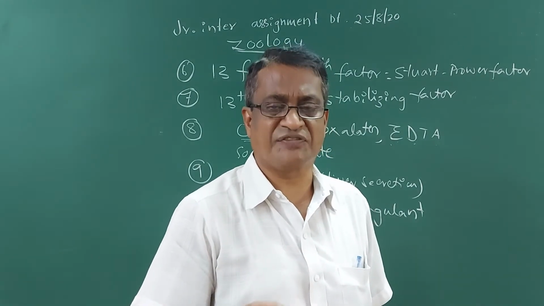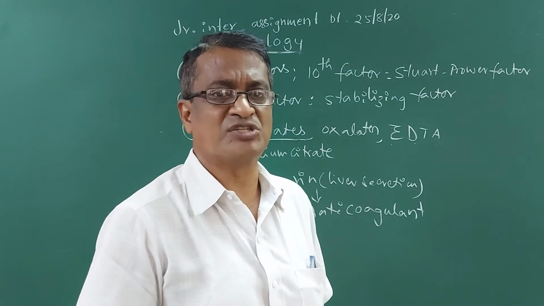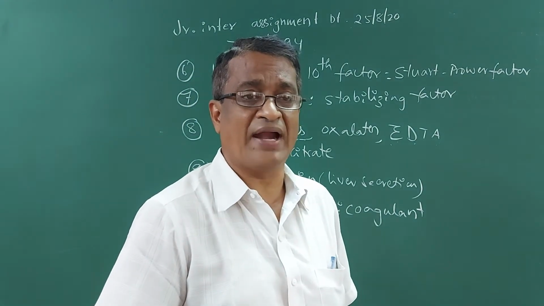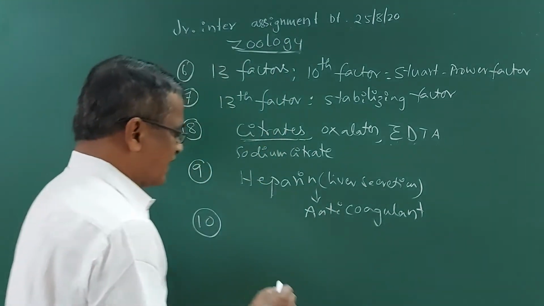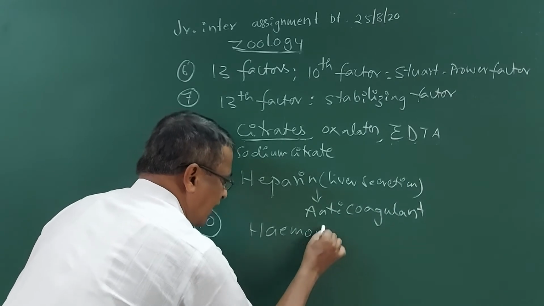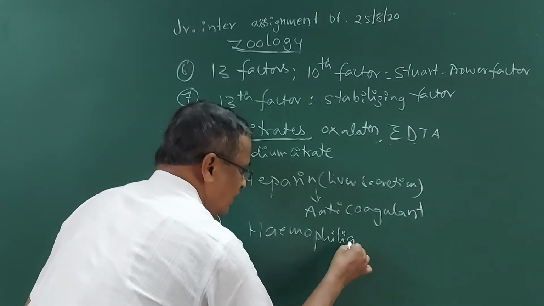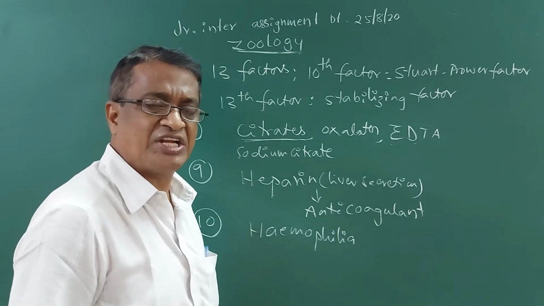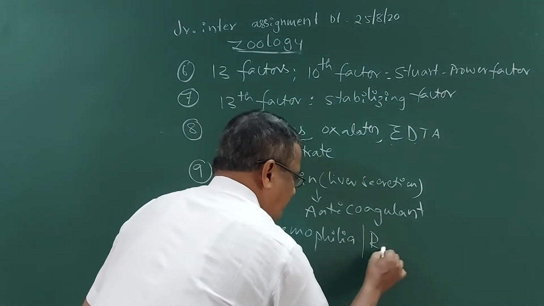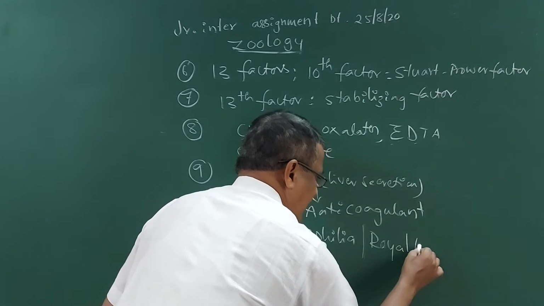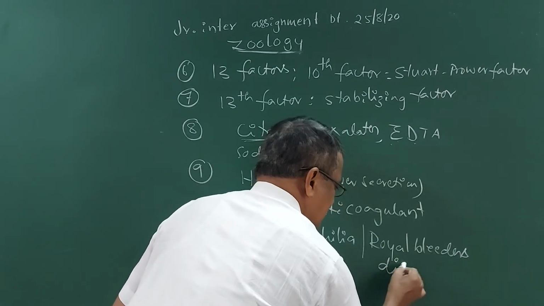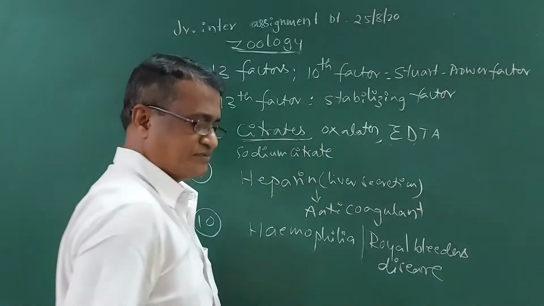In the absence of such factors, the blood fails to clot. Such a person will continue to bleed and lose blood, leading to death. Such a disease is called hemophilia, which was first noticed in the British royal family. So this is called the royal bleeders disease, caused by a gene defect.